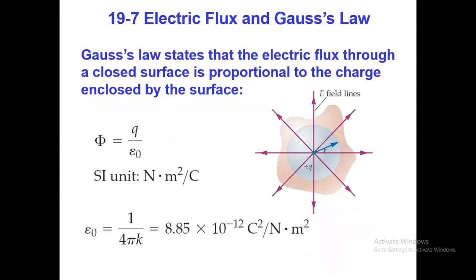Now this comes to the concept of Gauss's law after electric flux, because electric flux mainly plays a role in Gauss's law. When we add and combine all the flux, the equivalent flux, this further originates the concept of Gauss's law.